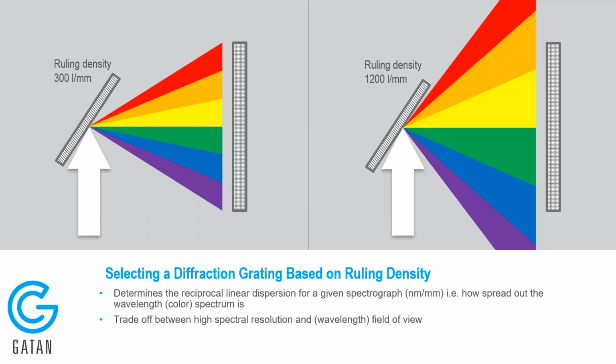So there's a trade-off between high spectral resolution and the wavelength field of view. So typically we try and use low ruling density gratings if possible, as long as they provide us sufficient spectral resolution and allow us to use large enough slits.